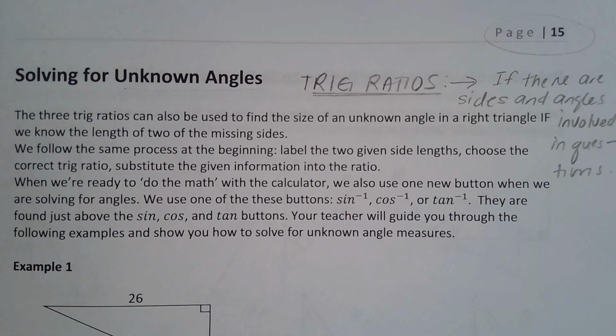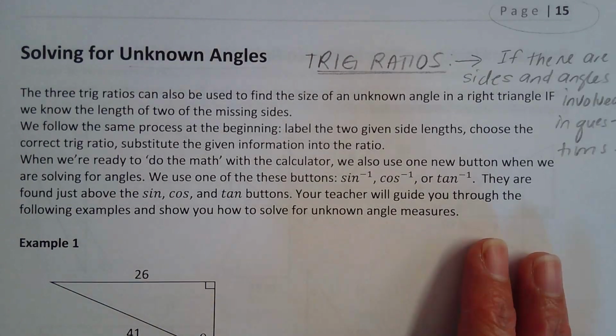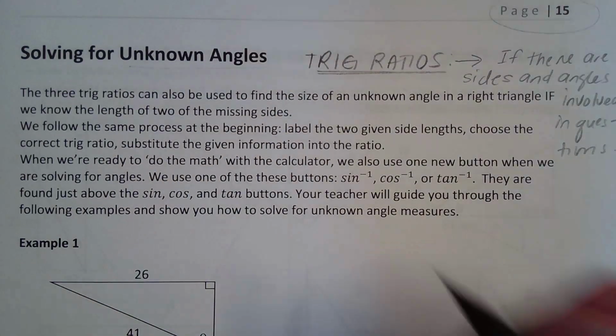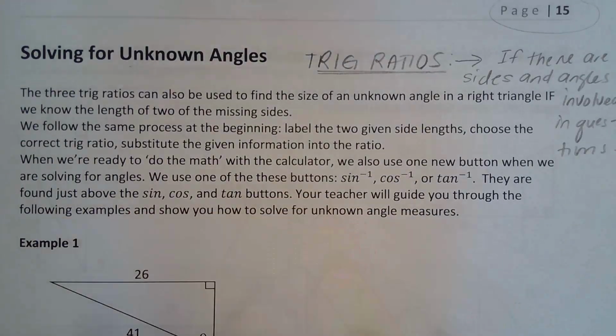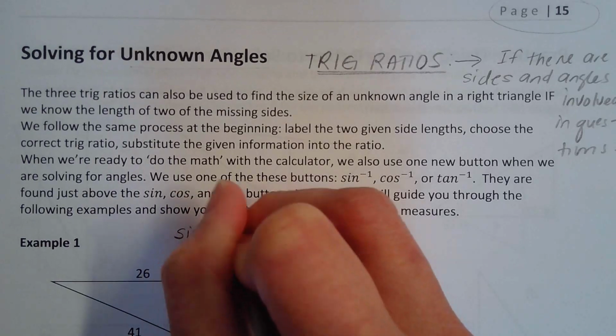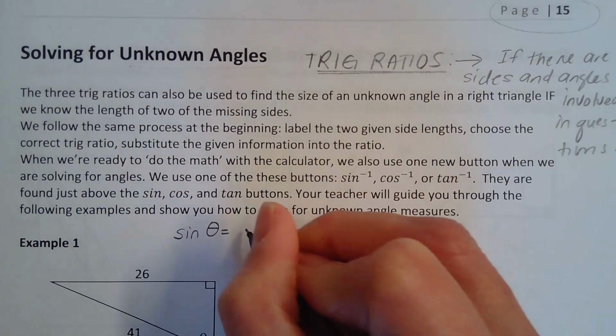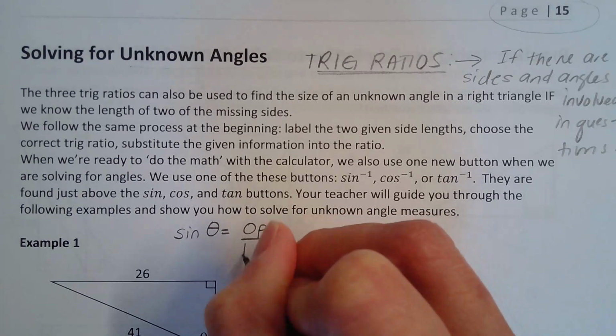So I'm just gonna write down the trig ratios in here so that we have them in front of us. The first one is sine theta equals opposite over hypotenuse.